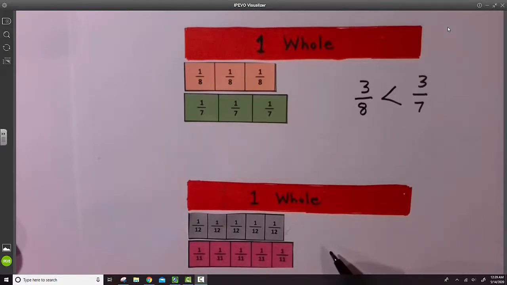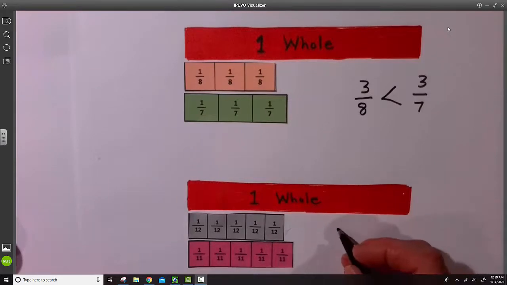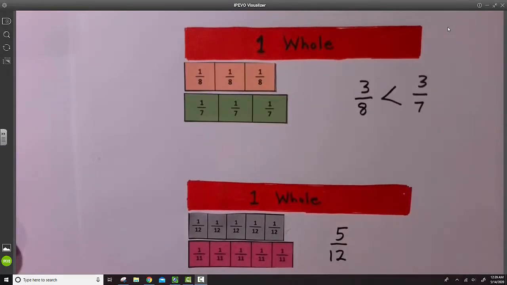And our final example today, we will compare 12ths and 11ths. We have 1, 2, 3, 4, 5, 5 12ths, compared to 1, 2, 3, 4, 5, 5 11ths.